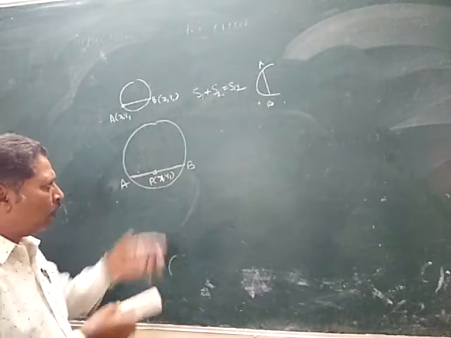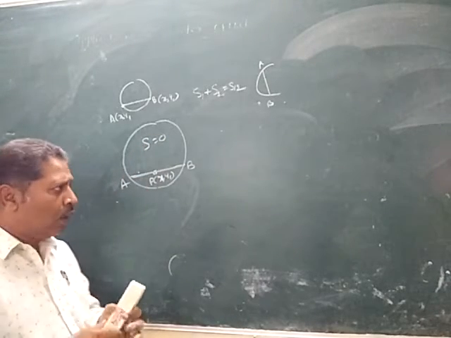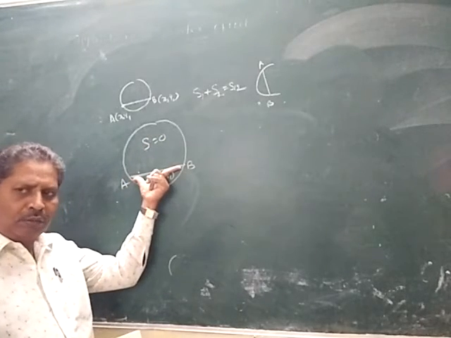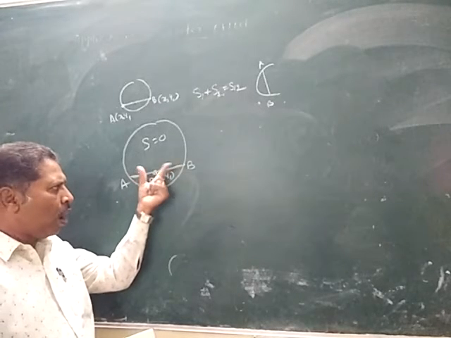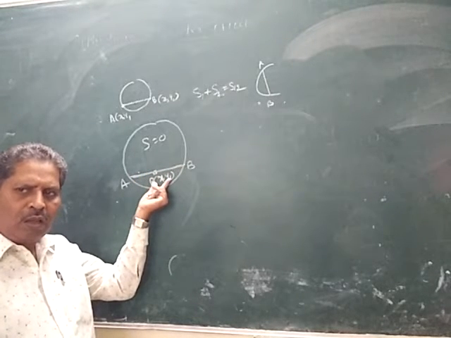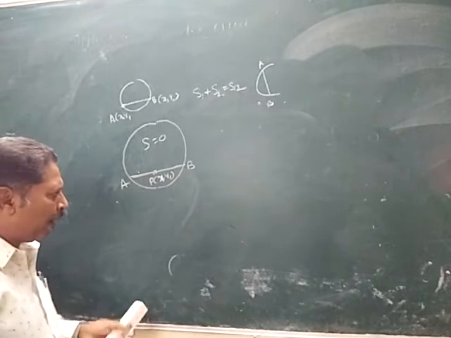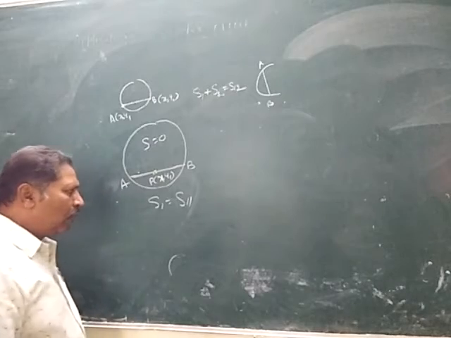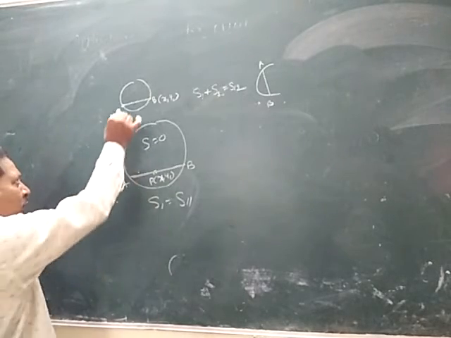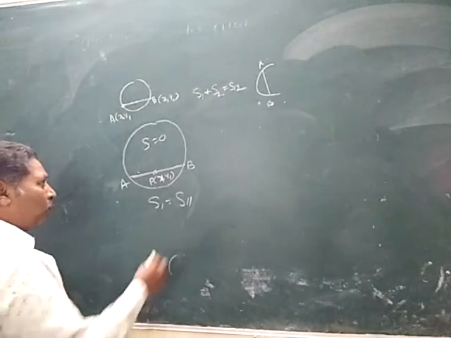The equation of the circle is S equal to 0. The equation of the chord having (x1, y1) as its midpoint is S1 equal to S11. This is the chord equation.